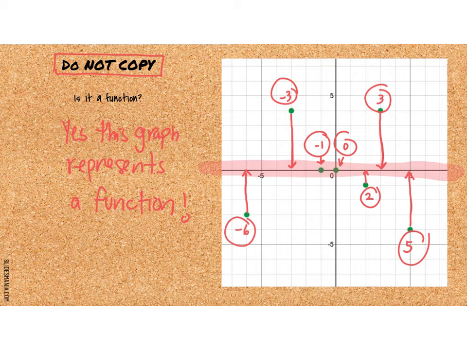Now, let's just say hypothetically there was a point right here, right? You guys see that one in green and light green. If that point was there and you go straight down, that also has a 5, then that would make this not a function, okay?